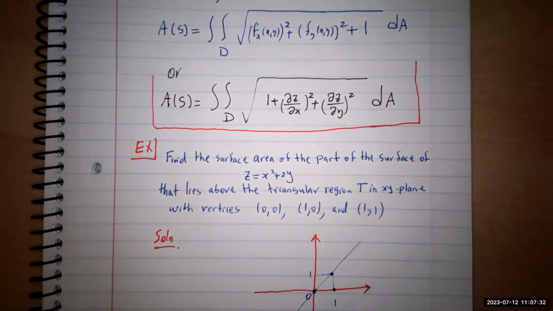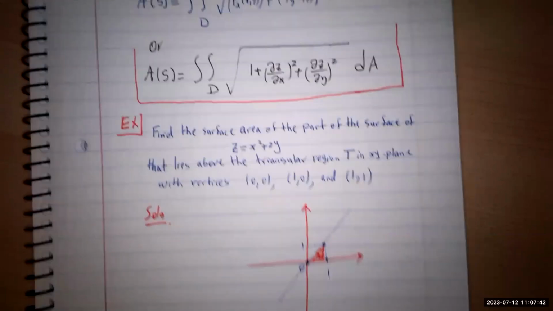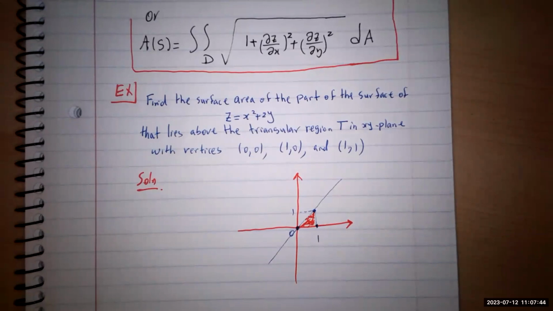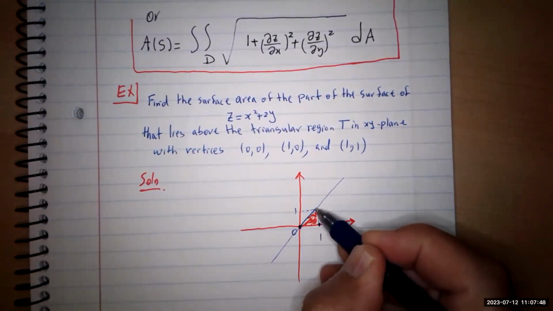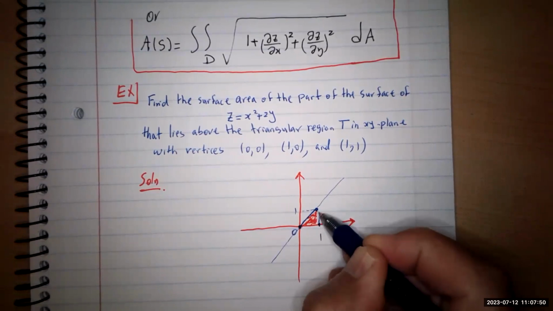Okay, this is going to be a line, and this is going to be the region that you have. This is going to be the triangle. So you're integrating on this region.